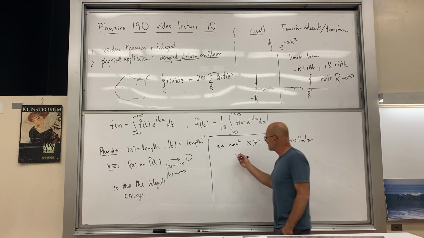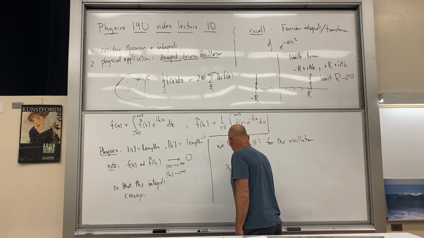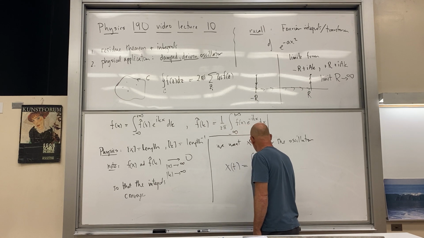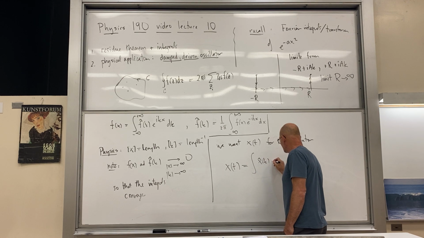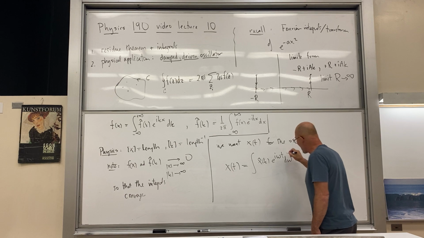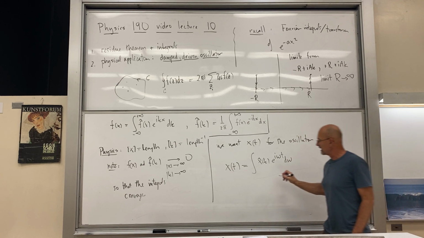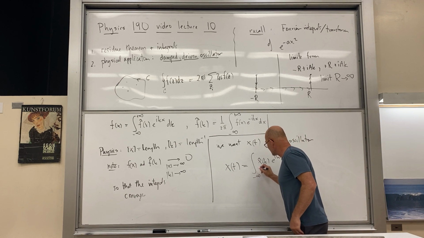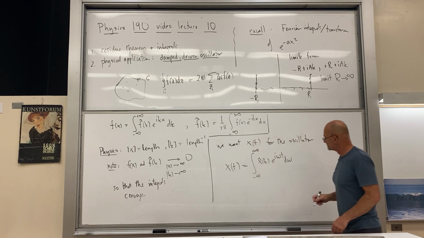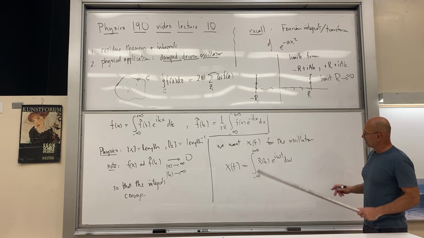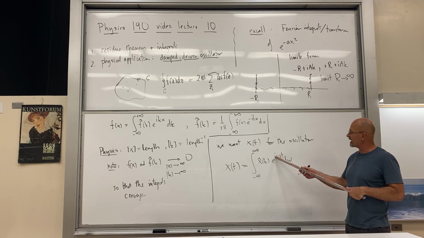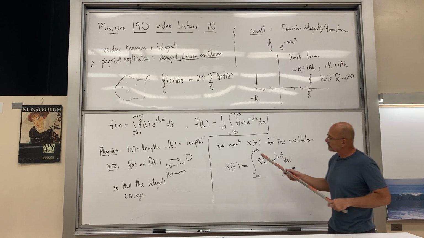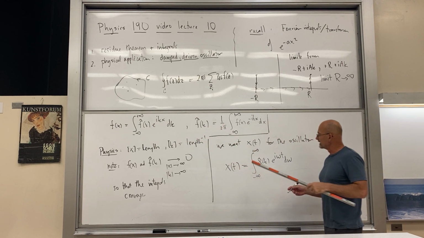So we have to have formulas like this. x of t is equal to the integral of x hat of k e to the i omega t d omega. I'll put the integration boundaries in as well. t has dimensions of time, omega has dimensions of inverse time, the product is dimensionless. But otherwise, we've just translated this formula here.